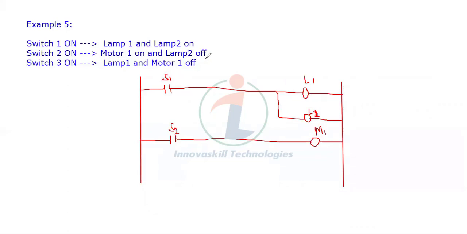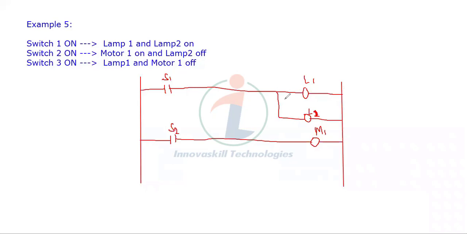Here L1 and L2 are connected in parallel. Supply is given by S1 through this line. If I put this S2 as NC here, both L1 and L2 will be deactivated at the same time. But what I need here is only L2 should be off.